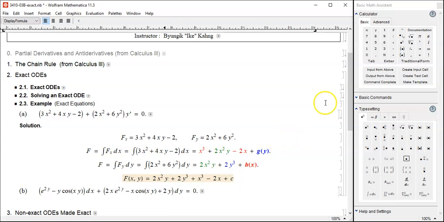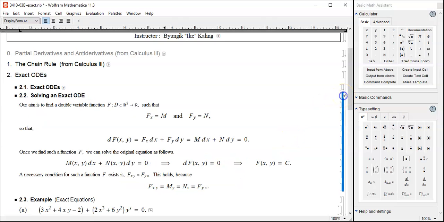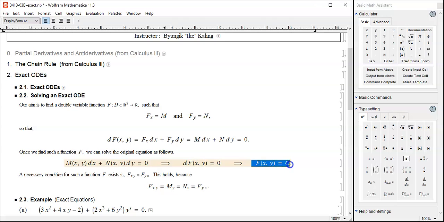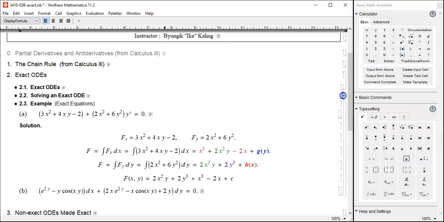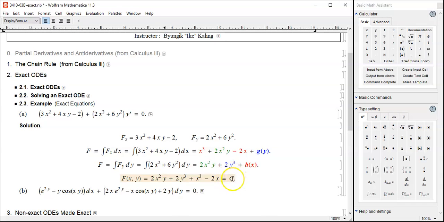Because what we are looking for is implicit solution like this, equal to C. So we don't need that. Keep this thing equal to C, and this arbitrary constant C will absorb any integral constant. So we'll call this a solution. Here we go. This is the implicit solution.